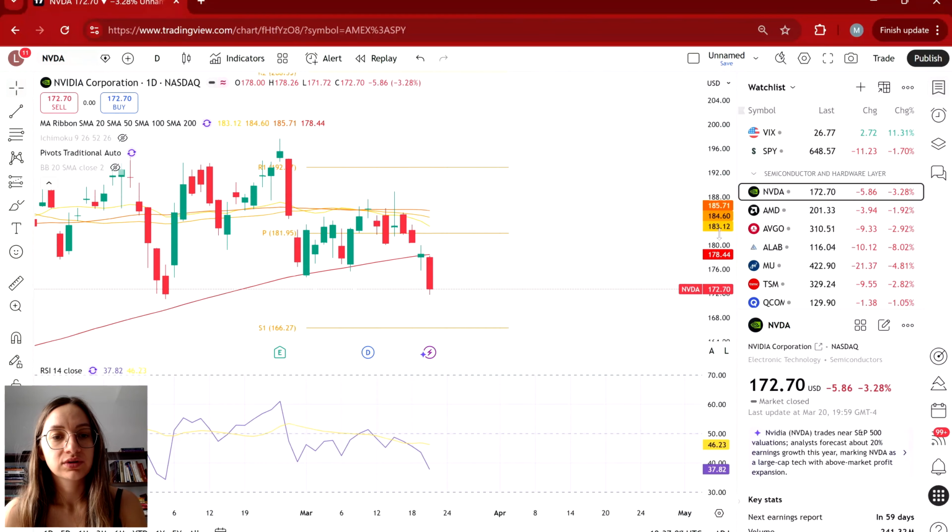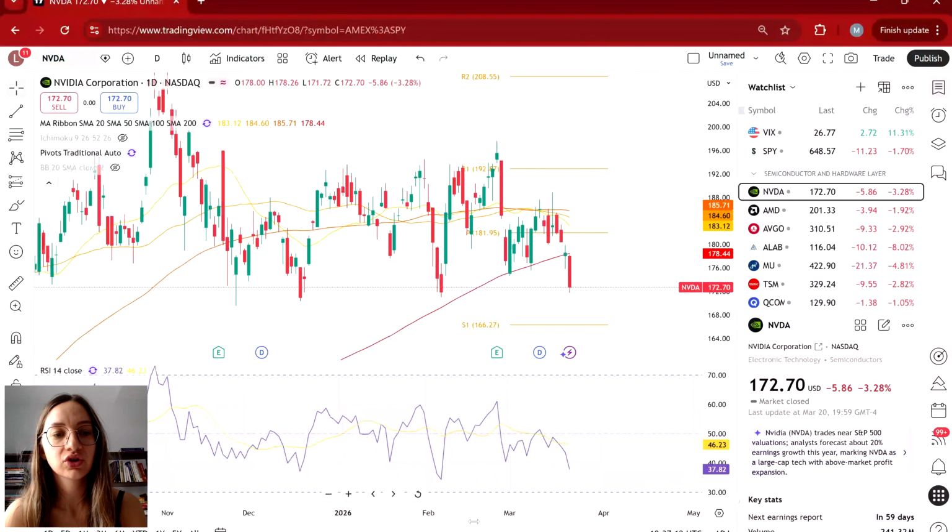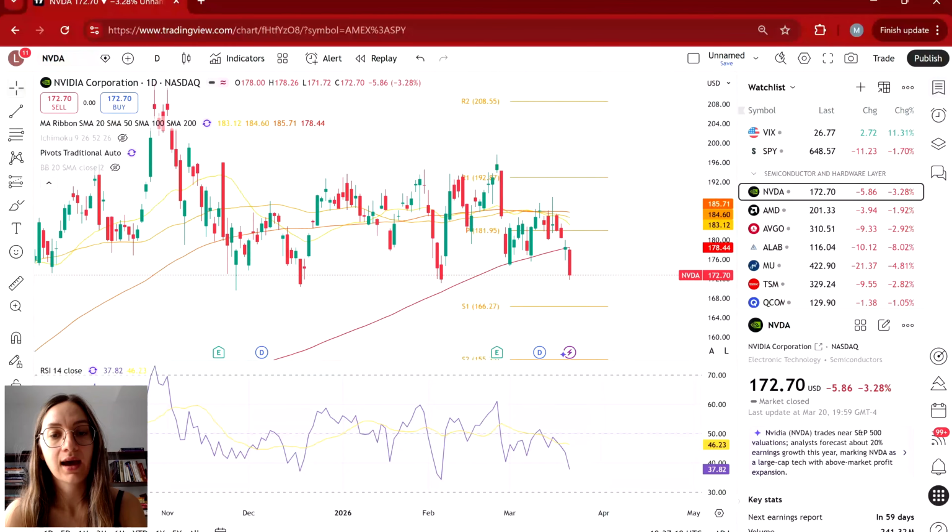NVIDIA too on the daily crossed the 200-day average. And now it is going to act as, there was a movement here between like 170 and 190 area. So it may come back around these levels if we go above the 200-day average.